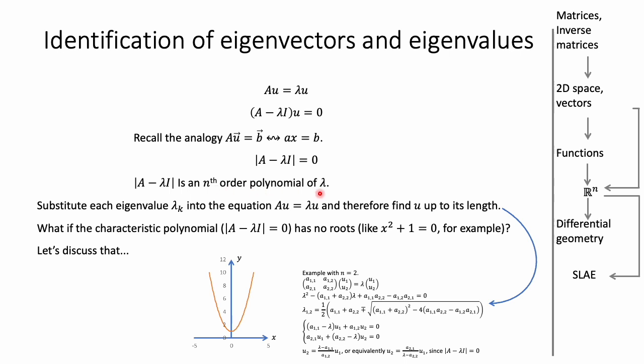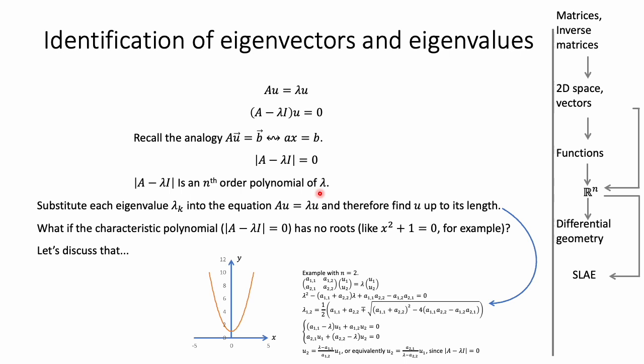We can find its roots. We can find its roots explicitly if n is smaller than 5, as I discussed in the previous lecture. And in case of greater n, we can use some numeric approaches and find these roots with a computer.